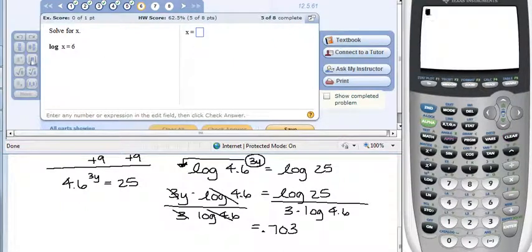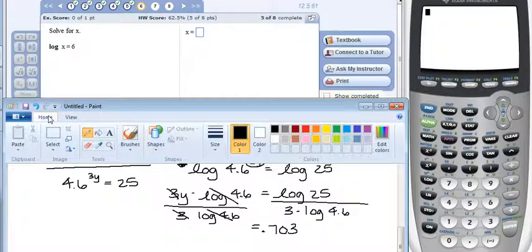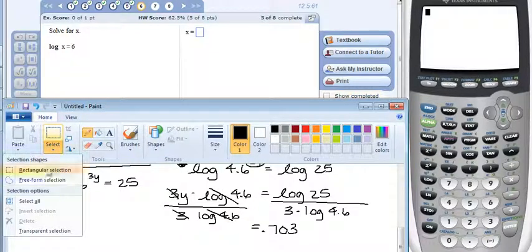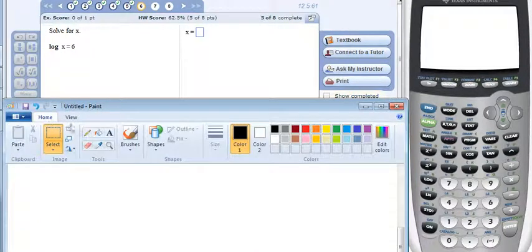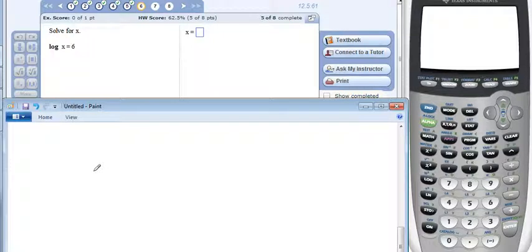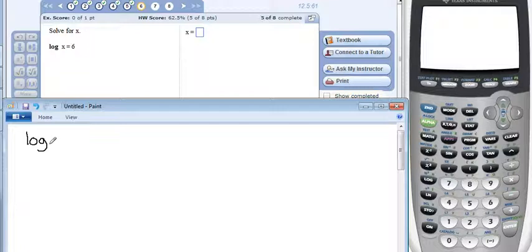So what would we do? Well, when you're stuck logarithmically, you change it into an exponential. Okay, so you're always changing it into the form that you don't have to see if that helps you. Now, let's go back into our exponential to logarithmic conversion.